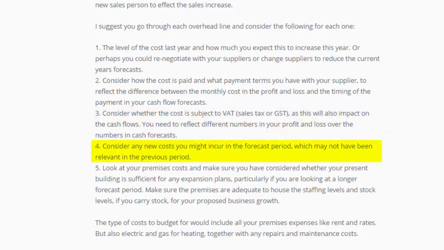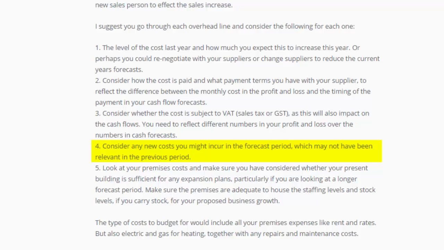Also consider any new costs that you might incur. So for example, if you're purchasing a premises versus renting one, there could be different repair implications, there might be different insurance implications, and there may be other cost implications as a result of now being an owner versus being a tenant.